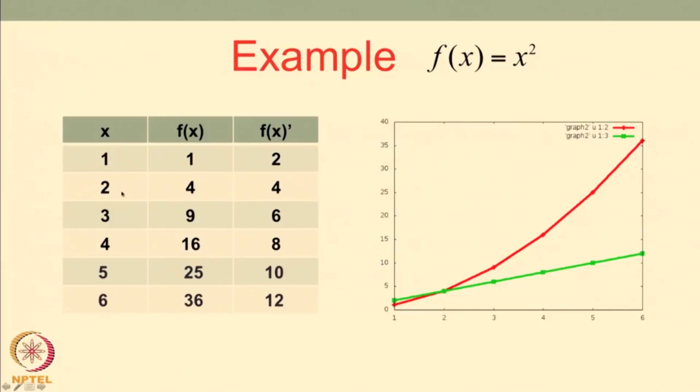So you have 1, 2, 3, 4, 5, 6. Correspondingly you have x square, which is 1, 4, 9, 16, 25, 36. And these are the data points. You have x and x square, and we have the f prime of x, which is this difference, 4 minus 1 divided by 2 minus 1 and so on.